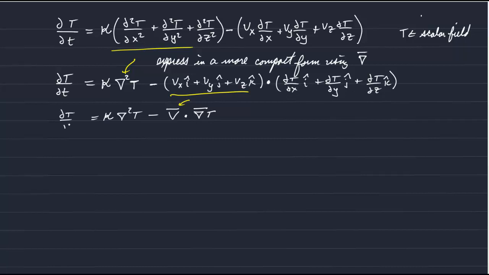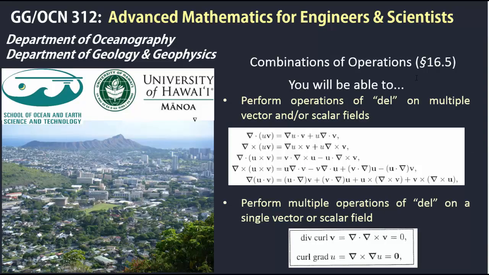So the more compact form of writing this long equation is this. And you'll save a lot of pen and paper if you start being more comfortable with using these del operators. Okay, so I think that I'm going to end here with this discussion of combinations of operators.